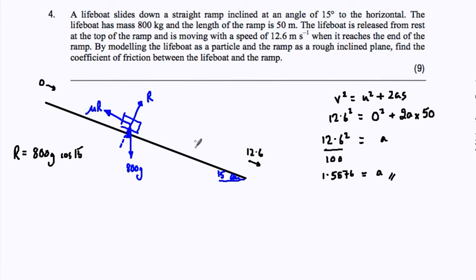Coming down the slope, of course, we've got an acceleration, and where we've got accelerations, we've got forces. So coming down the slope, I've got F equals ma.